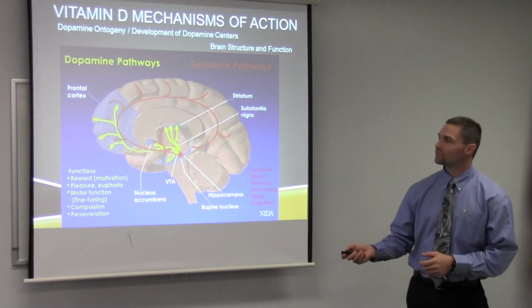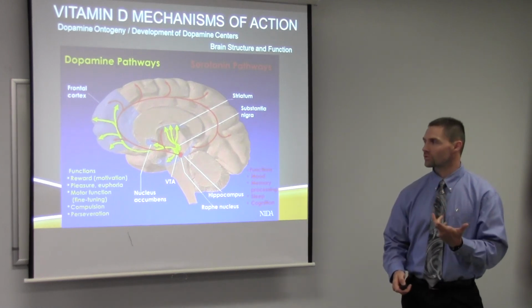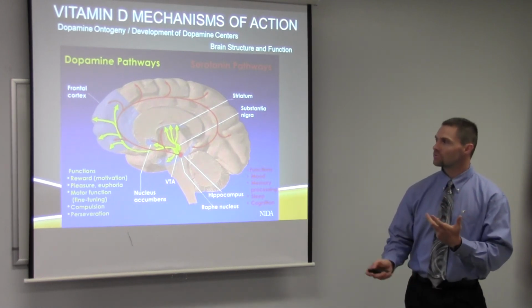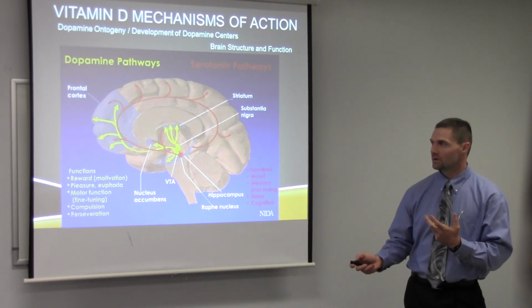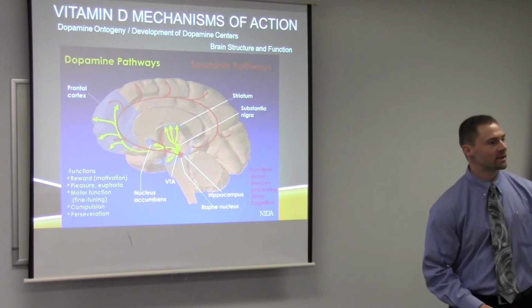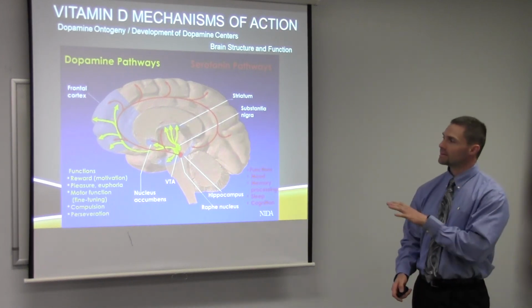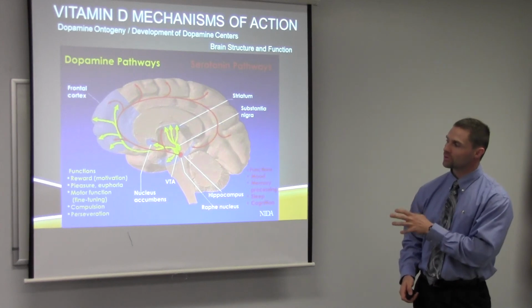This is the function of dopamine. It's rewards. Your dopamine is responsible for your reward center, your motivation, so your motor function in here. So think about that inability to develop fine motor skills at a faster pace, right? That could be a dopamine-driven process.